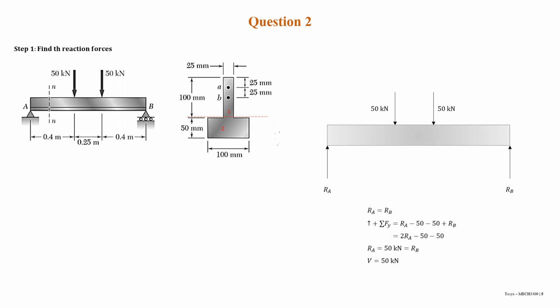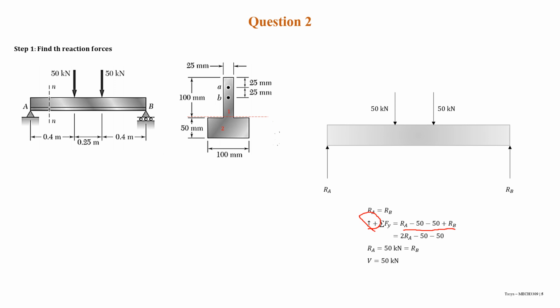RA should be equal to RB, and we need to find sigma y. It is assumed that going up will be plus. So sigma y will be RA minus 50, since both of them are going down, plus RB.